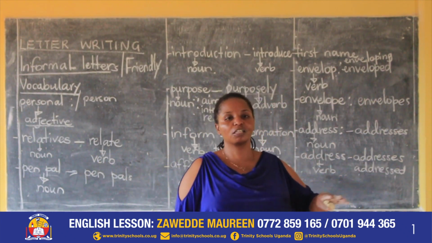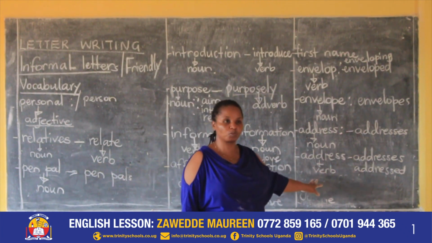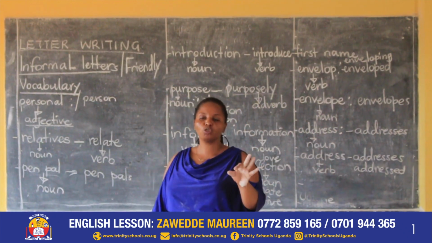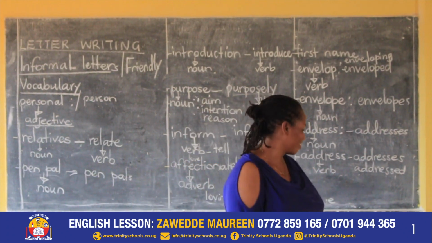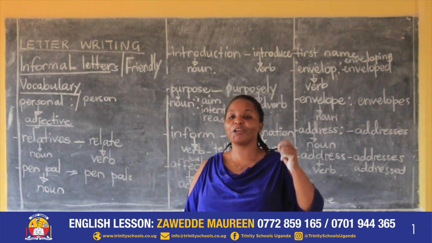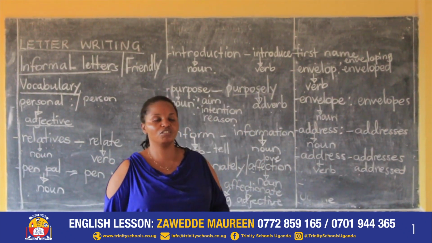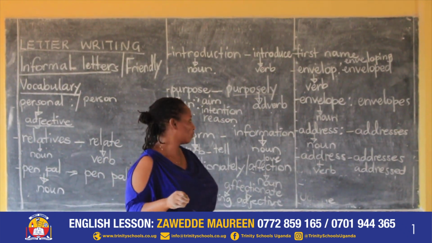You put the address of where he works or where he lives properly. Then the person who is going to receive that letter is called Mr. Chinji, right? The person who is writing the letter is Tyrell, writing to his teacher called Mr. Chinji.